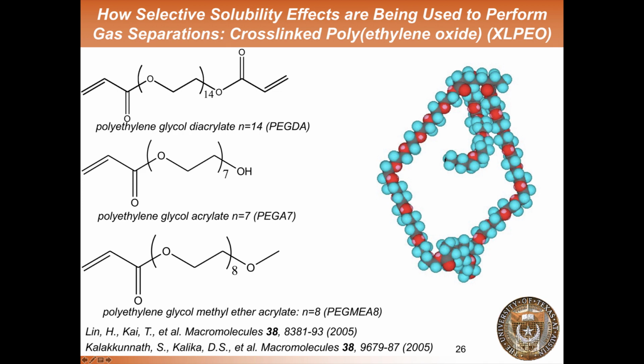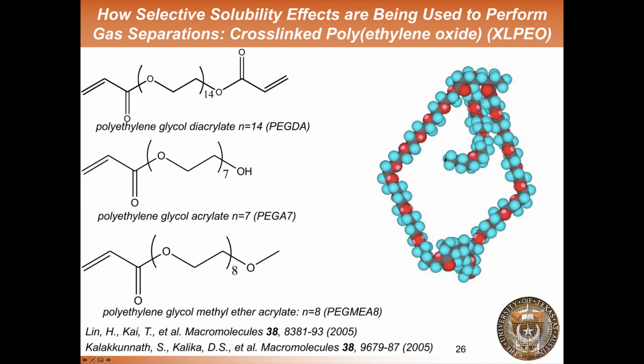And these cross-linkers can be combined with monomers that have only one of these acrylate units on each side to make structures that have a cross-link network, and then these monomers would act as dangling side chains.